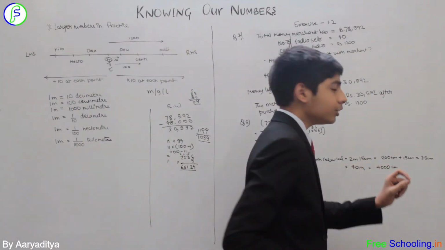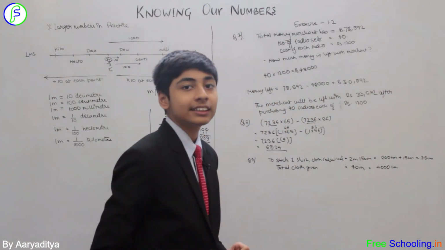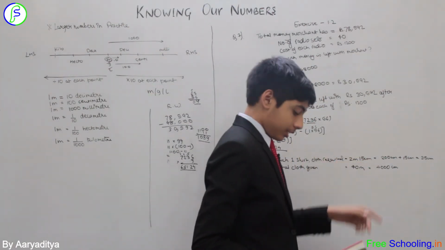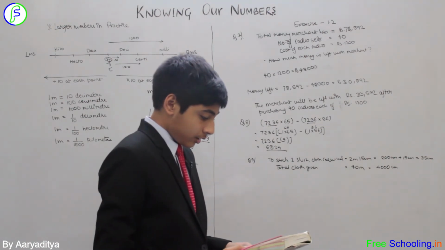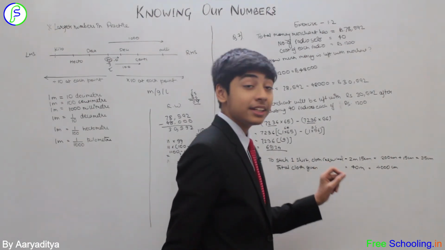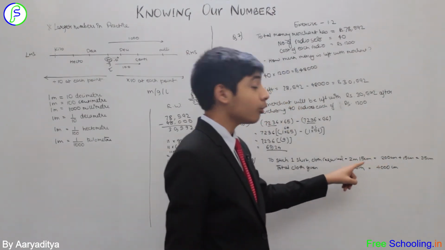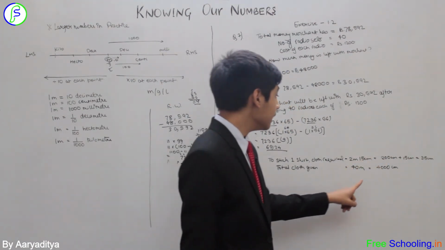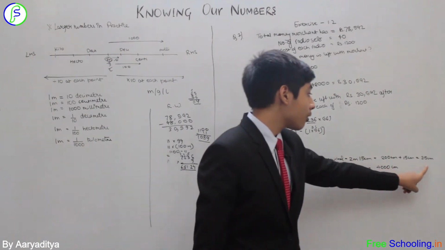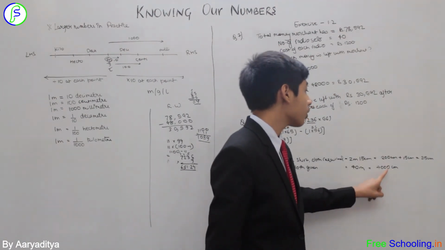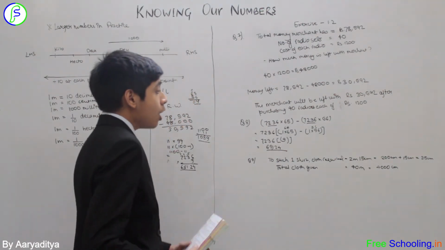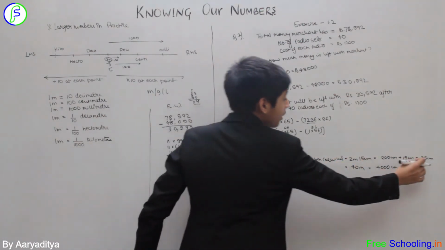Okay, so to take out how many shirts can be stitched out from the cloth given to us, as each shirt takes 215 centimeter and we're given a total of 4000 centimeters, we will divide 4000 by 215.